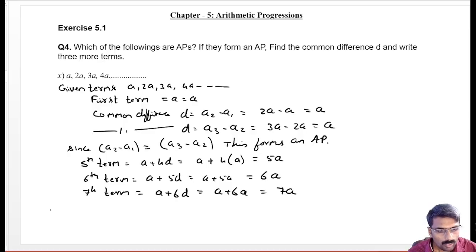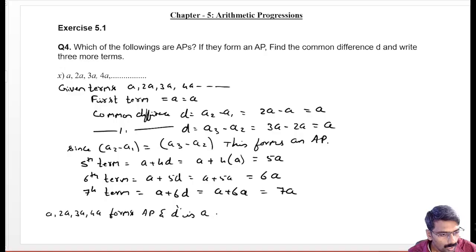So our final answer can be written as a, 2a, 3a, 4a forms AP, and common difference d is a.